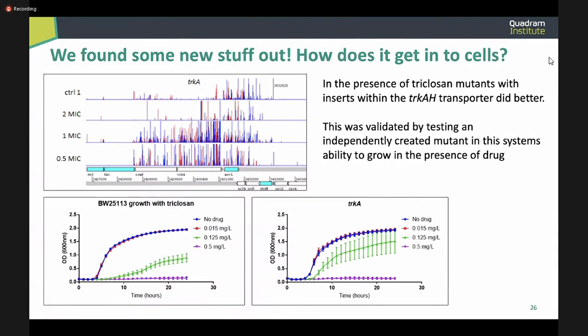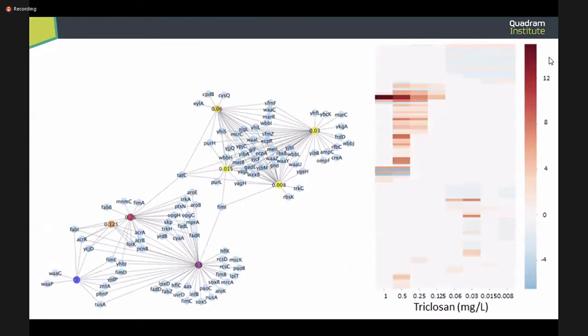And we found out some new stuff. For the transporters, the TrkA and H transporter system is involved in the transportation of triclosan into the cell. This is new, something we found out through triclosan that wasn't studied in the literature already.